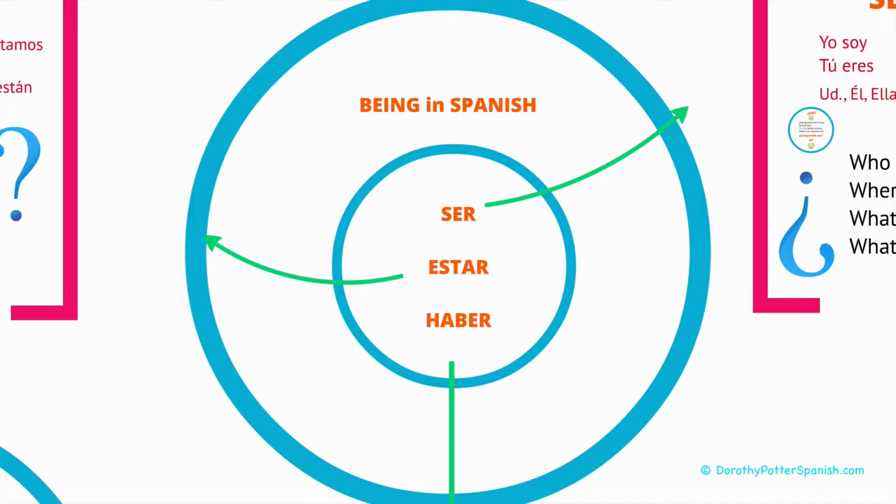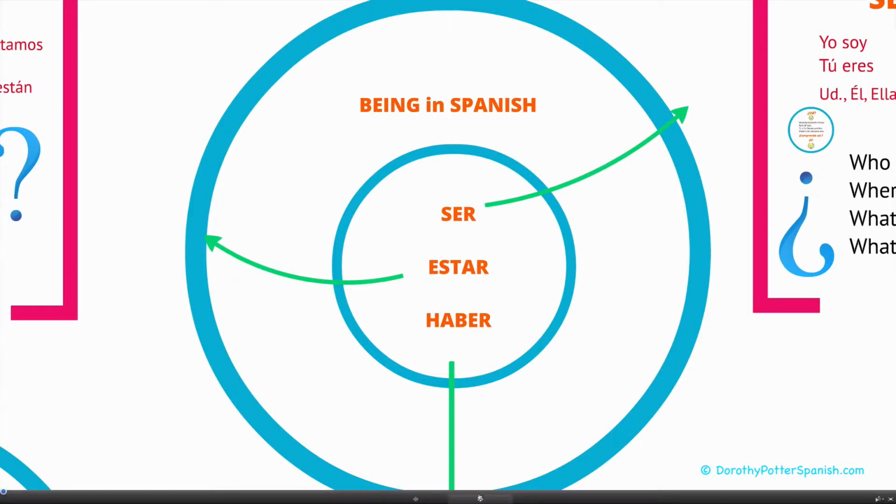As you start to learn that, you'll start to feel yourself becoming a slightly different person in Spanish because the language that you speak has an effect on how you see the world. That's one of the reasons we're learning Spanish, not just to communicate information with other people, but to understand quite literally where they are coming from. So let's look at each of these verbs, how they're conjugated, and how we use them.